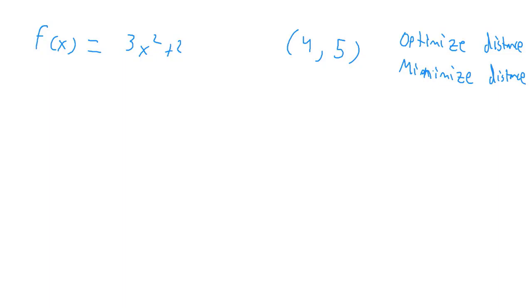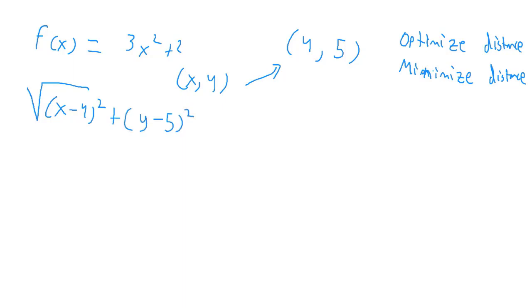From our distance formula, if we have points x comma y and we're comparing the distance to 4 comma 5, our distance formula will simply be the square root of x minus 4 squared plus y minus 5 squared. This is our distance formula, so let's call this equal to r.